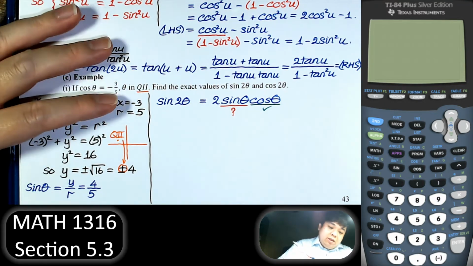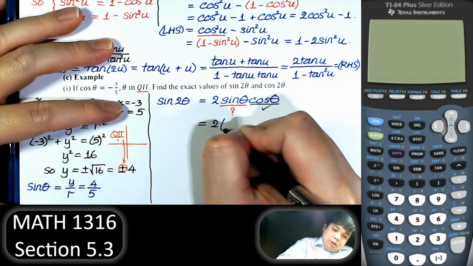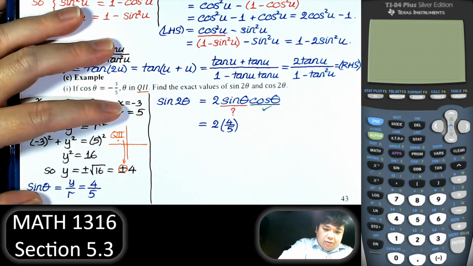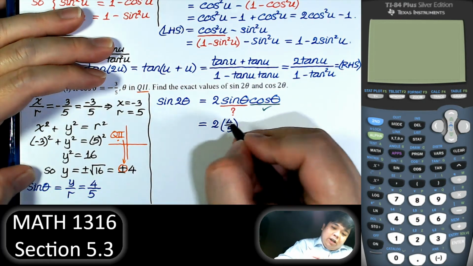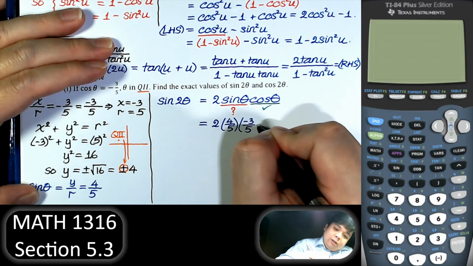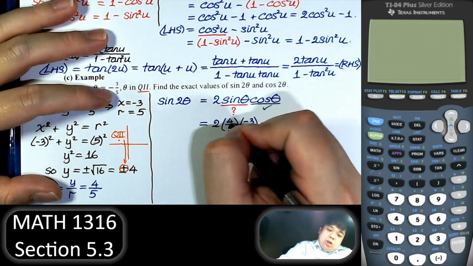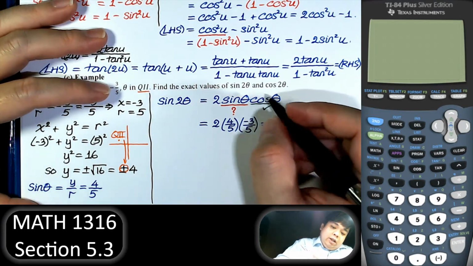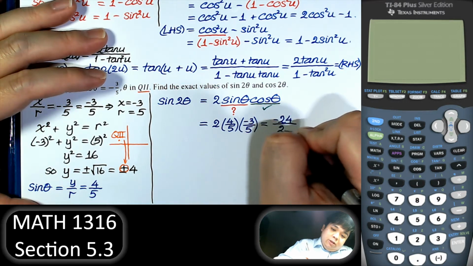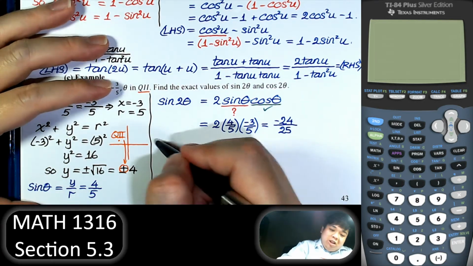Sine is 4/5, and we substitute in here 2 times 4/5 and cosine negative 3/5. And that gives us 2 times 3 times 4, negative 24 over 25. Right, so it's really straightforward.